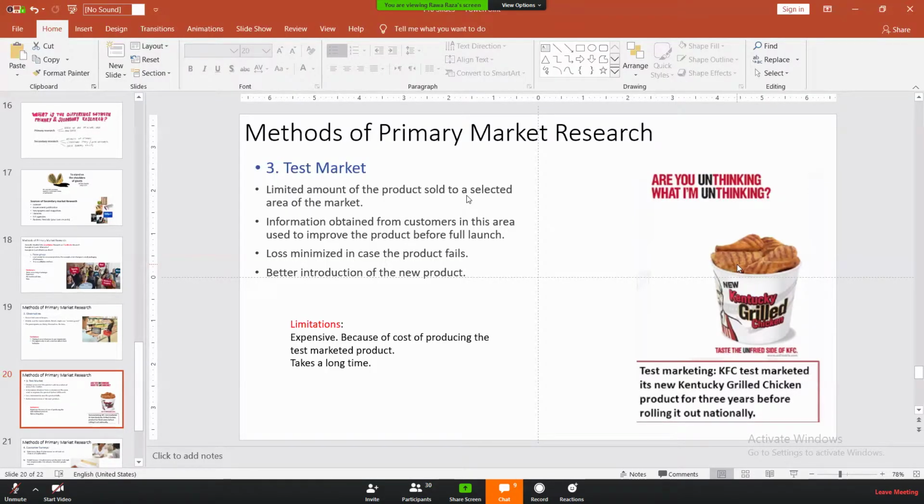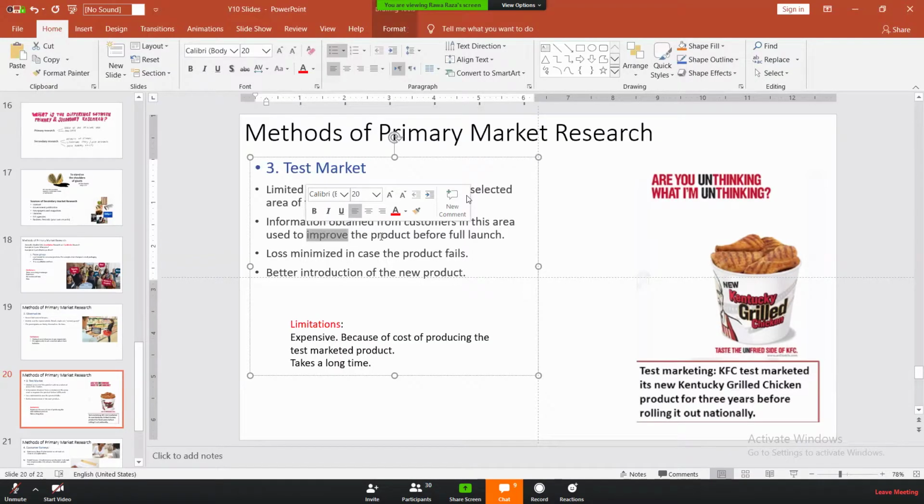So to reduce that risk, you just launch it somewhere. Even if it fails, financially, it's not a big loss. So you wouldn't launch it in other places. Big deal. So that's the idea. So as I said, you gather information in this small geographical location, loss is minimized, and then when you make sure that the product is good, then you launch it in the entire market.